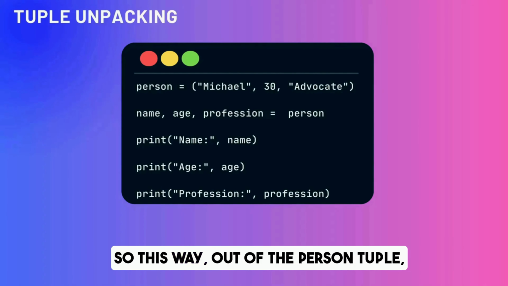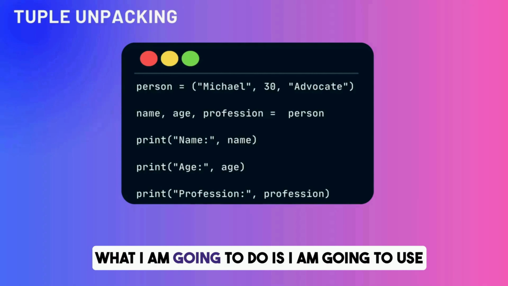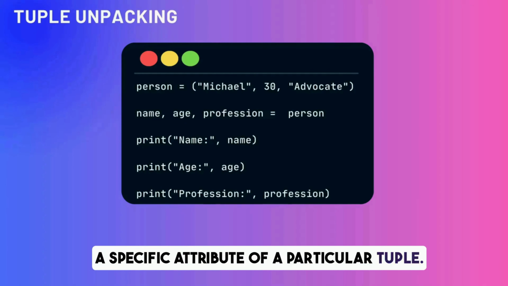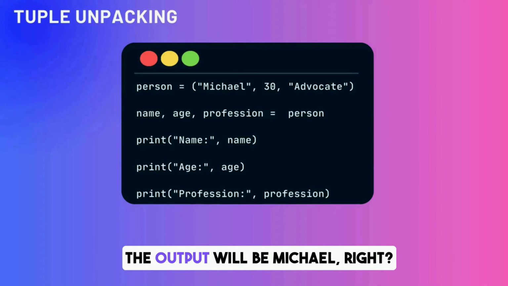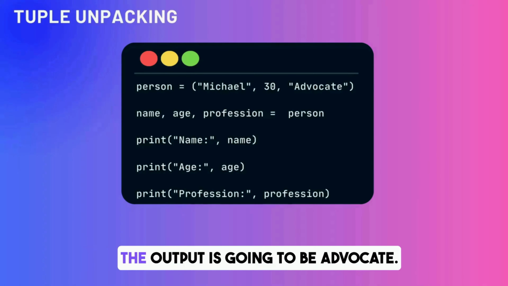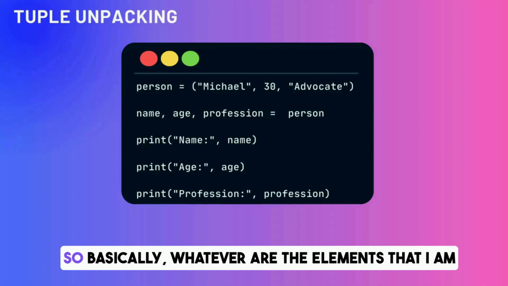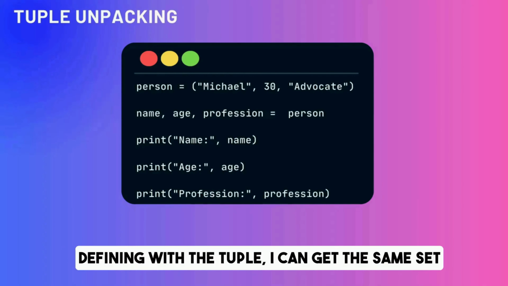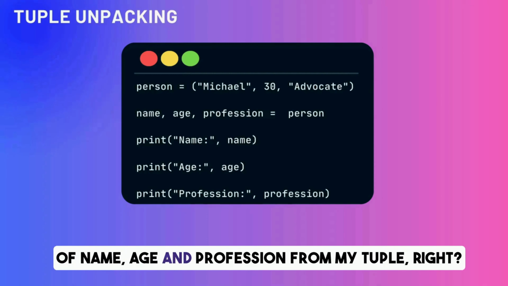So when I say name, the output will be Michael. When I say age, the output is going to be 30. When I say profession, the output is going to be advocate. Whatever elements I define within the tuple, I can get the same set of name, age, and profession from my tuple, right?